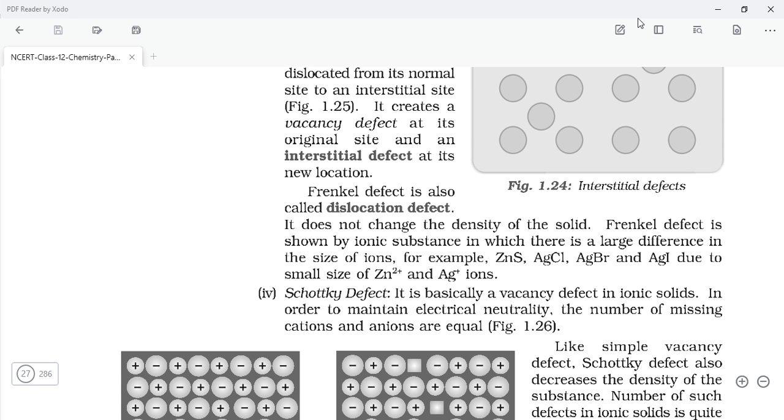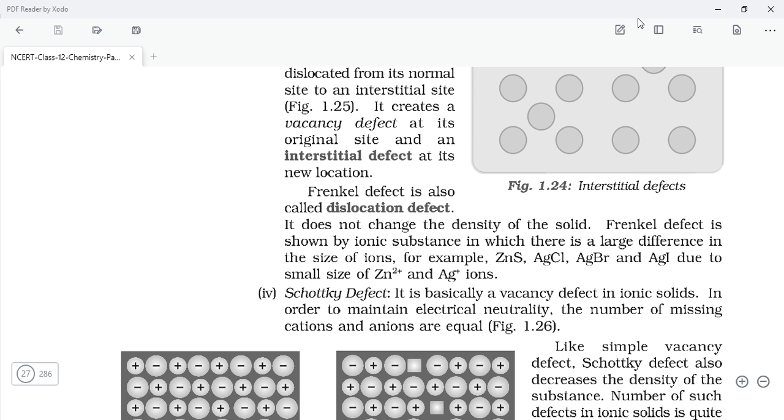Frenkel defect is shown by ionic substances in which there is a large difference in the size of ions. For example, ZnS, AgCl, AgBr, and AgI, due to the small size of Zn2+ and Ag+ ions.